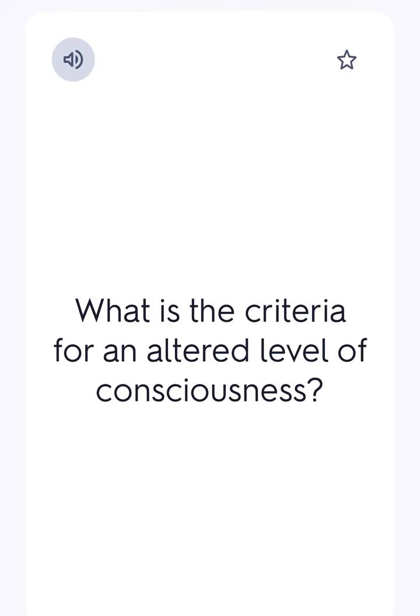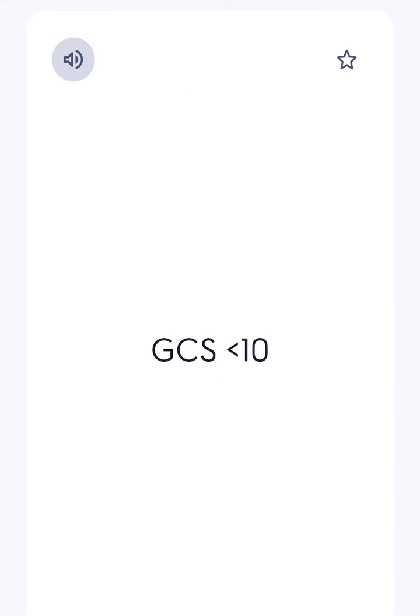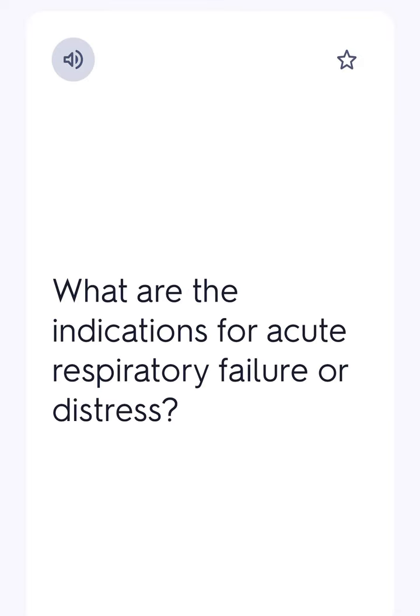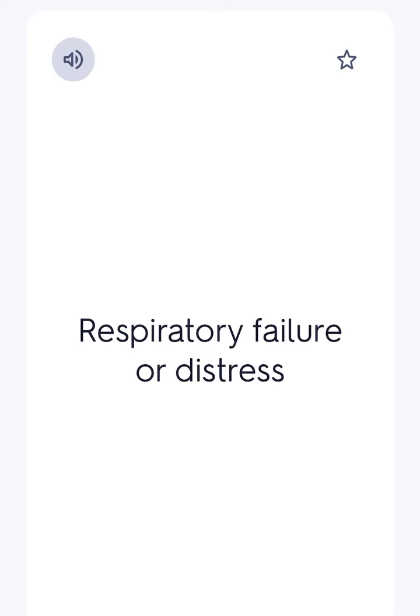What is the criteria for an altered level of consciousness? GCS less than 10. What are the indications for acute respiratory failure or distress? Respiratory failure or distress.